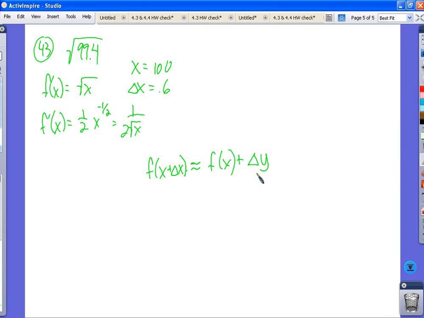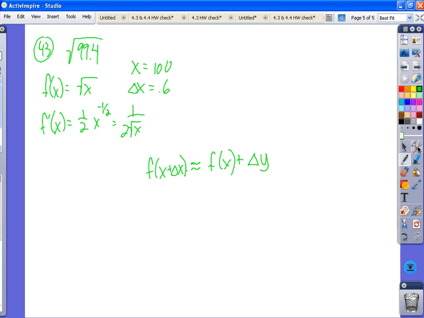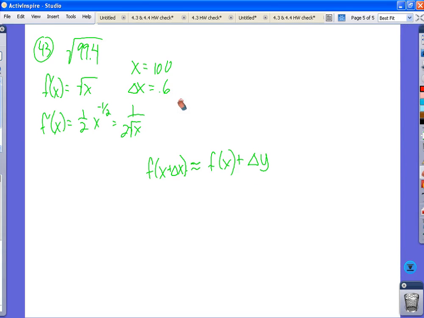Delta y, the change in y between x and x plus delta x. Right? I go from x to x plus delta x, and that means on the y value I go from here to there. And if I add on that little bit to this y value, I'll have the next y value. Well, delta y is very close to what? That's dy.